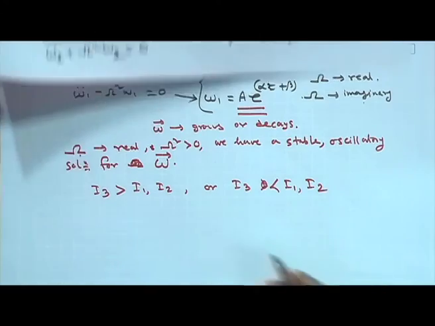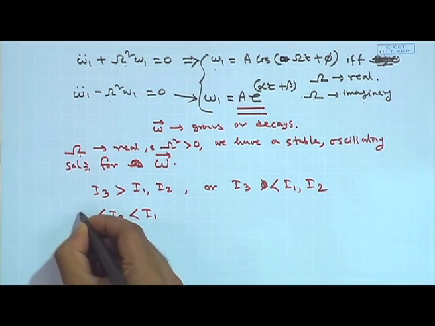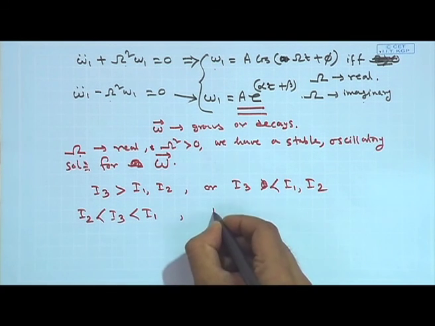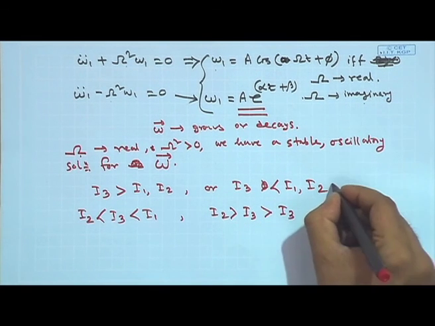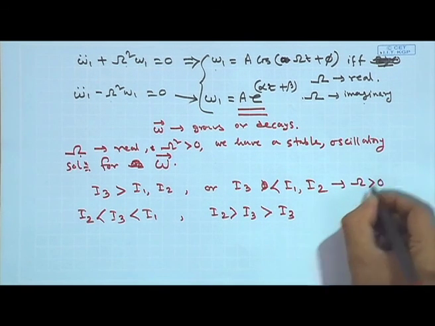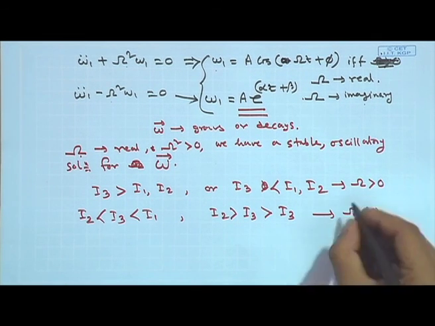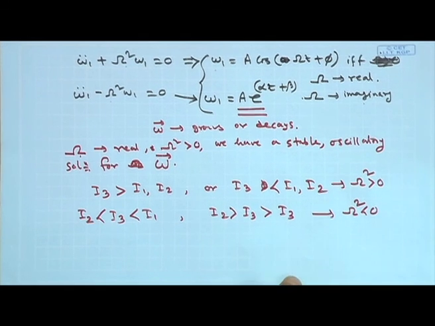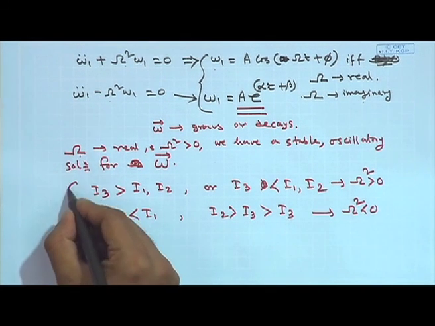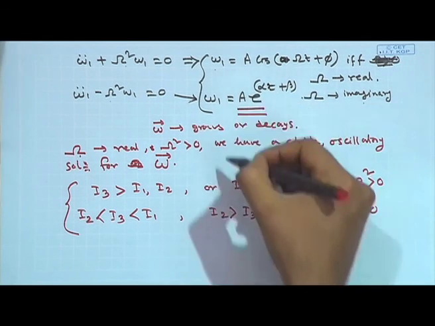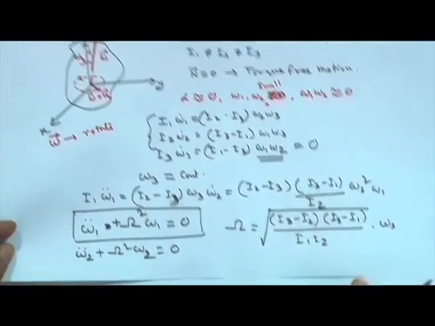But if I3 lies between I1 and I2 in this fashion or in this fashion, then one gives omega square greater than 0 and the other gives omega square less than 0.